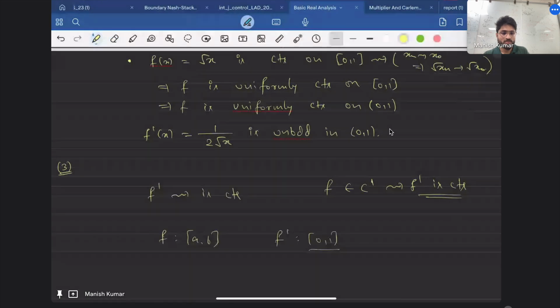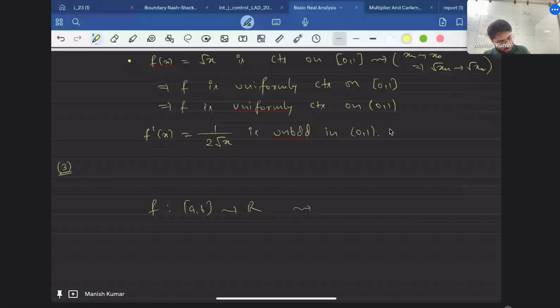So if you want this derivative to be bounded, on a compact set, in this case the domain is not compact, right? So what can be the counterexample? You want f on [a,b] such that f' on [a,b] is not continuous.